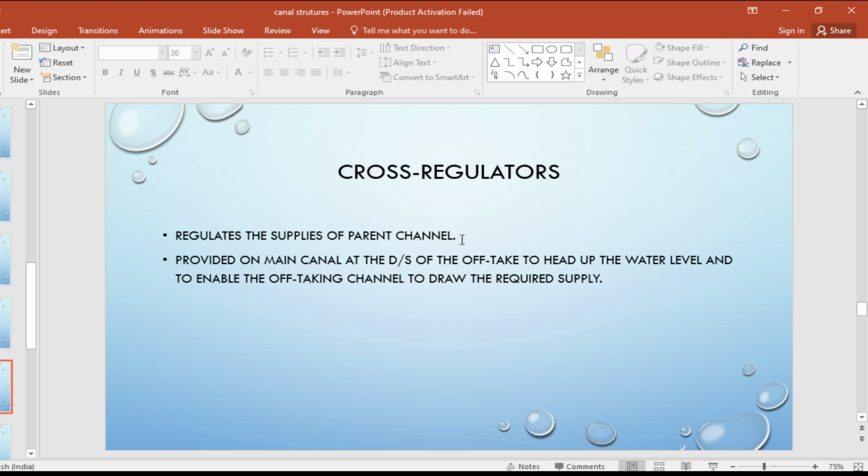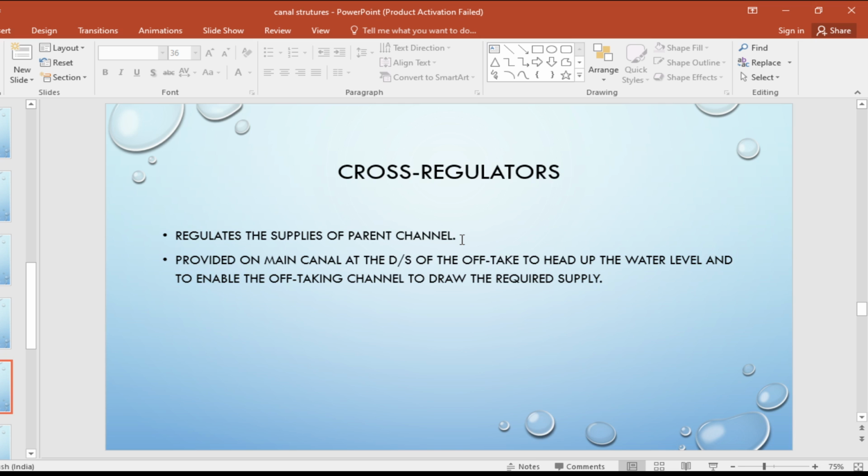Also, the cross regulator is provided on the main canal at downstream of offtake to head up the water level and to enable the off-taking canal to draw the required supply.